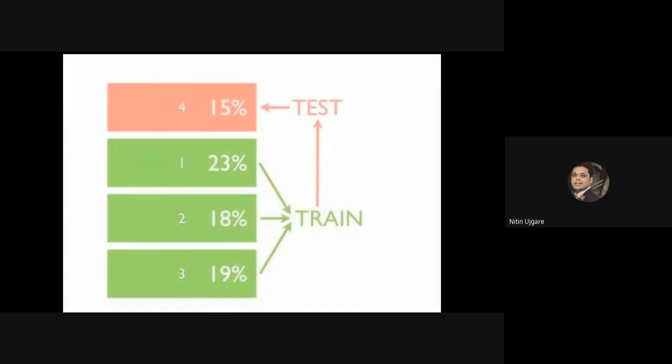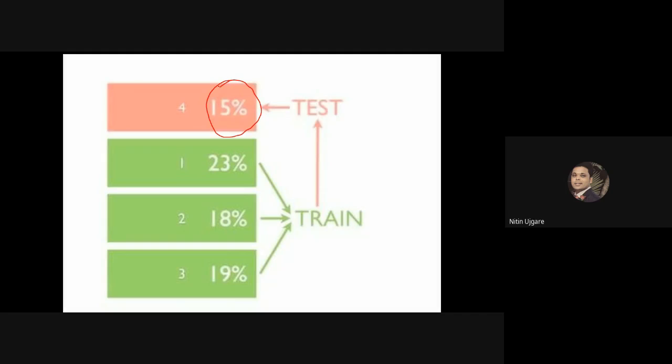So when we see, the error rate for the fourth fold, or for the fourth iteration, you can say, is 15%. Okay, now is our job over? No, our job is not over. So what is the cross validation error?